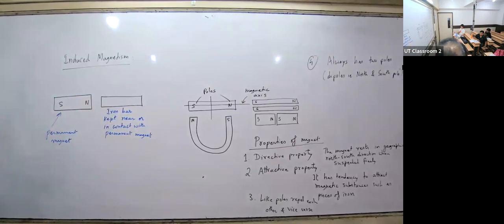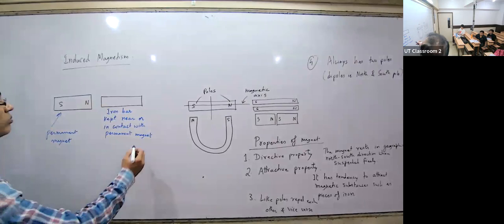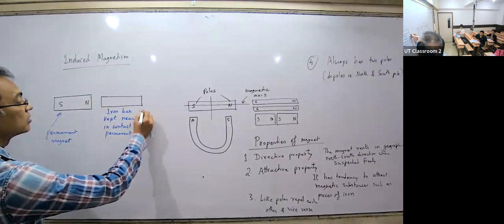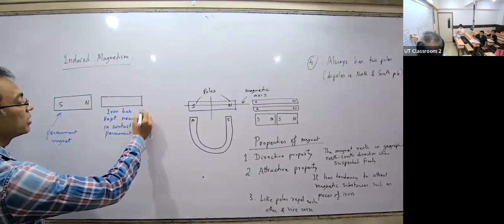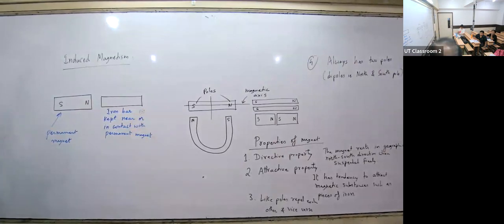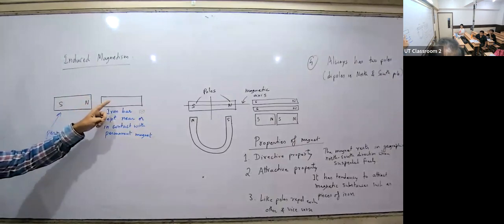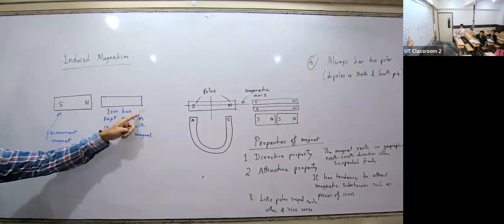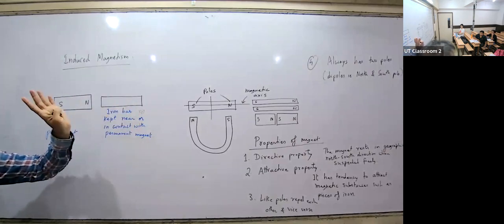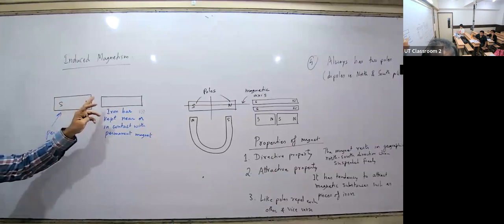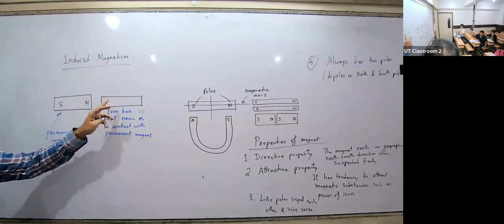Let's say some iron particles are kept here. When this magnet is not near this iron bar, these iron particles are not getting stuck to it. But when a magnet is brought near this, then this also becomes a magnet.